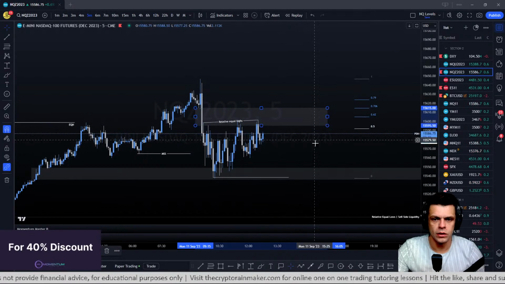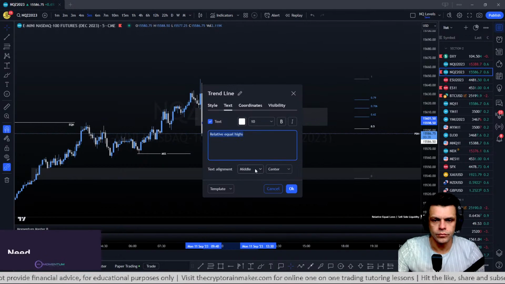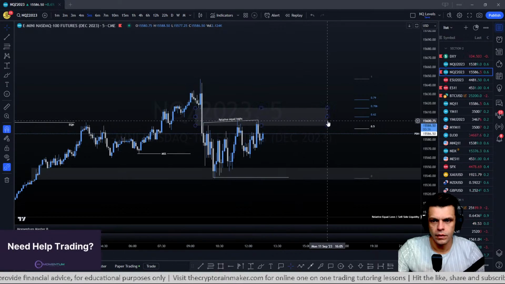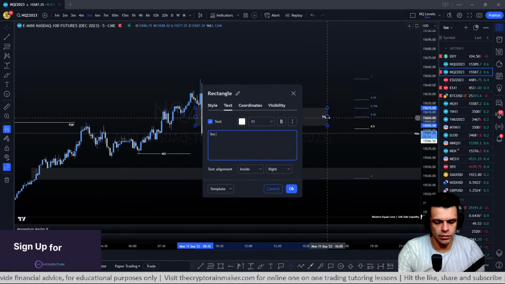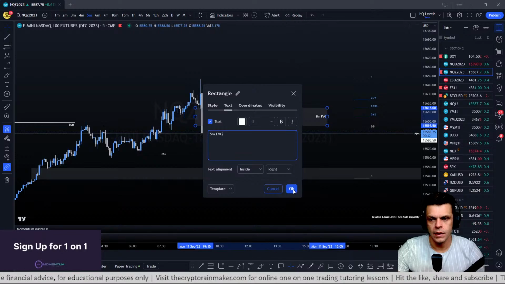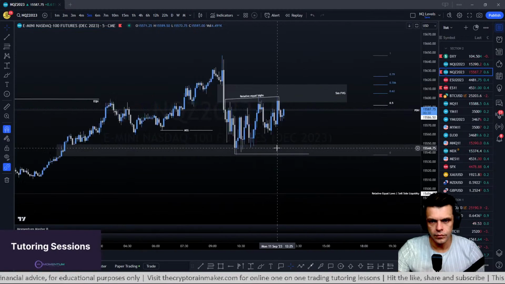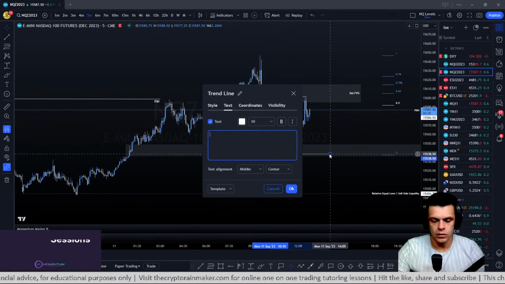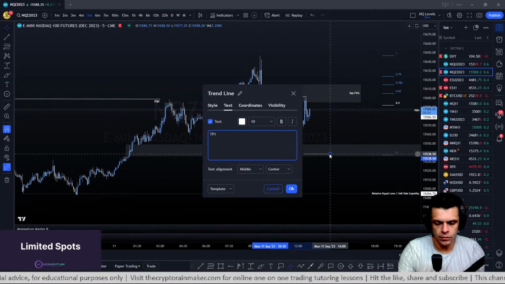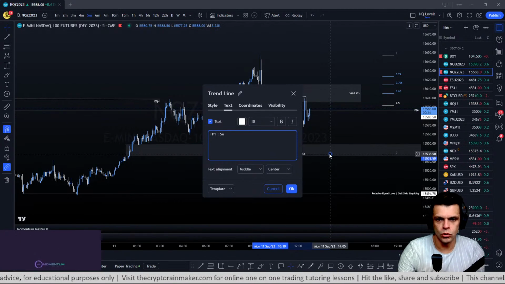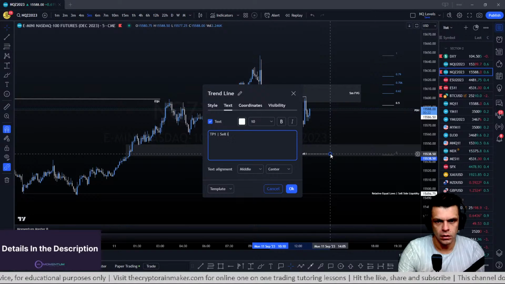Okay, so as we discussed, relative equal highs, 5 minute fair value gap. This is going to be TP1. So you pair your short position with the sell side.